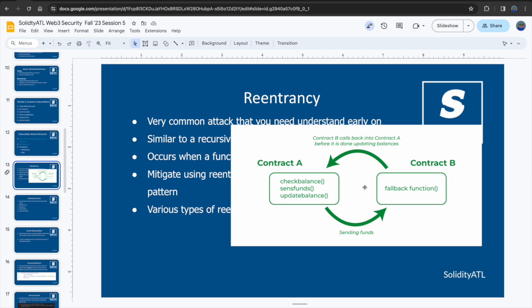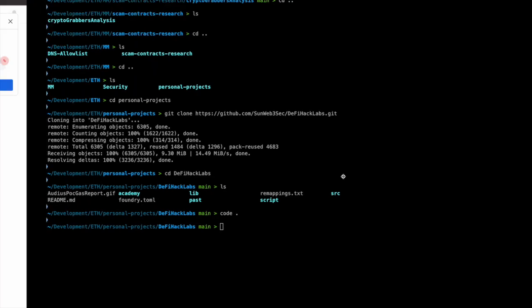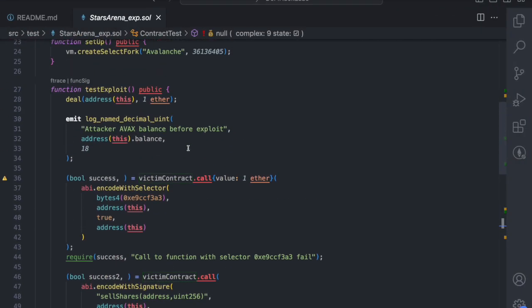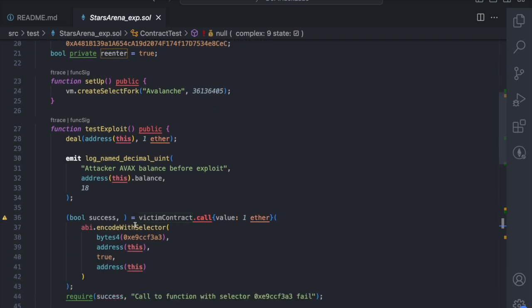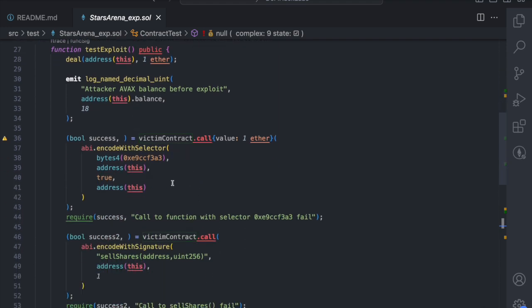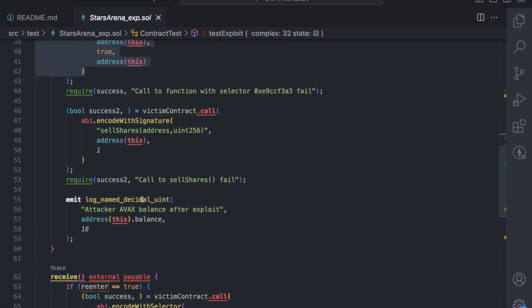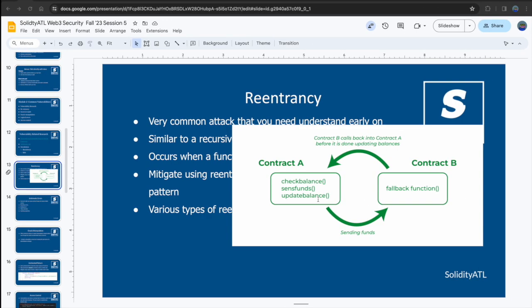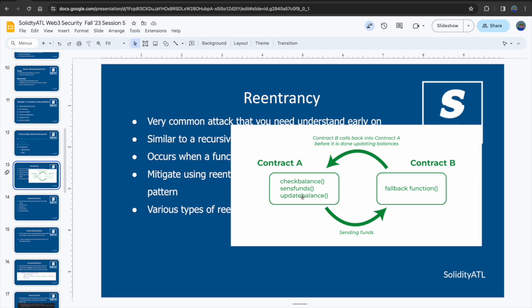So similar method. We have some calls. Clearly, we don't know what those calls look like, but we have this function call and we have this sell shares function call. So we have these calls, and then it does something where it sends funds into my attack contract.